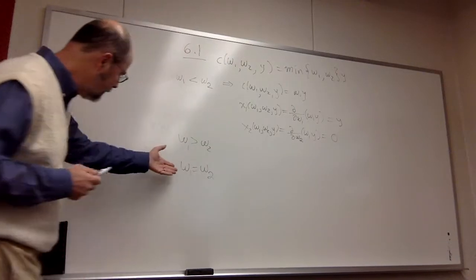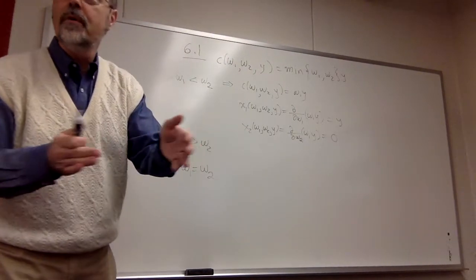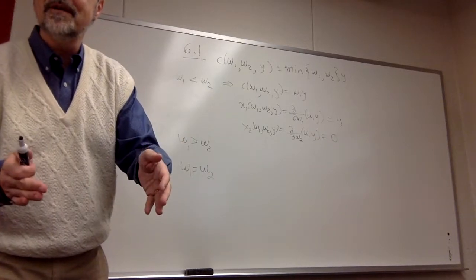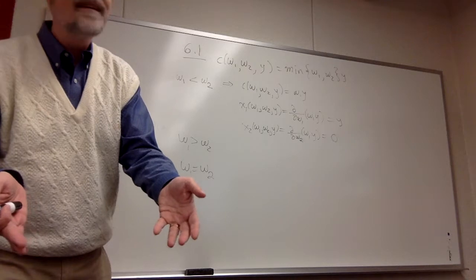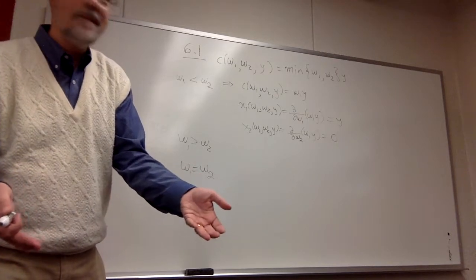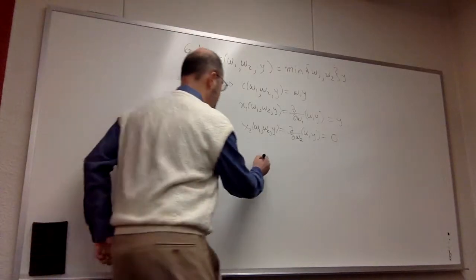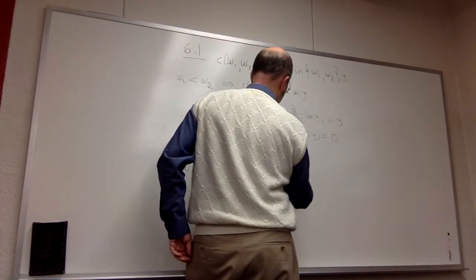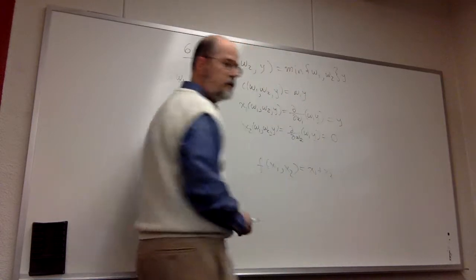And in particular, when W1 equals W2, use any proportion of factor 1 and factor 2 as long as the sum is equal to y, so you can produce y. So they are perfect substitutes, right? So the production function is x1 plus x2.